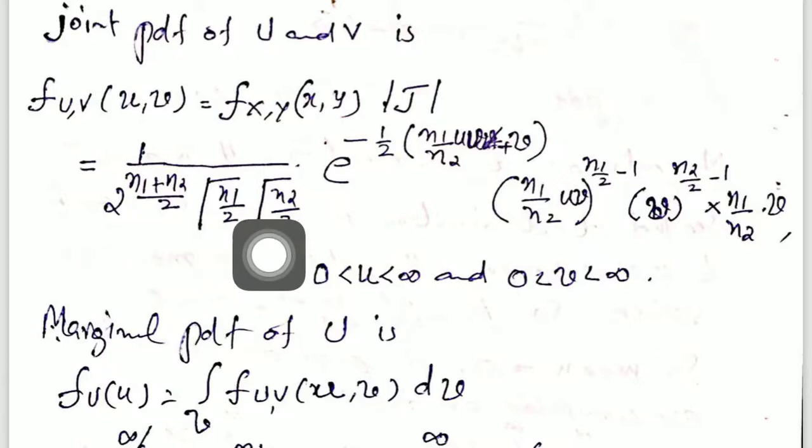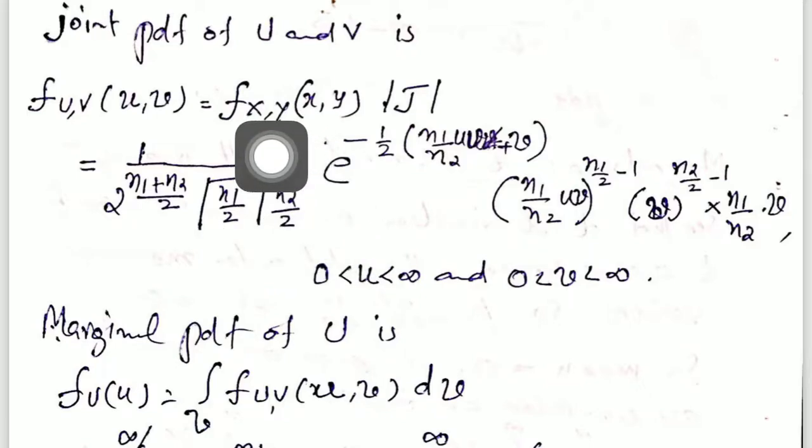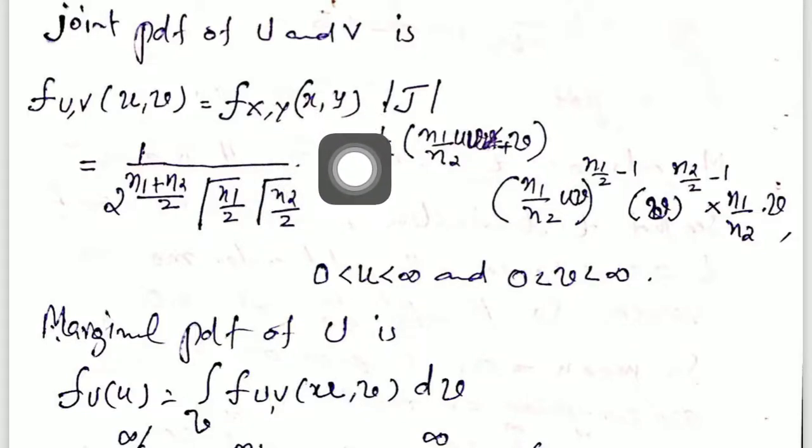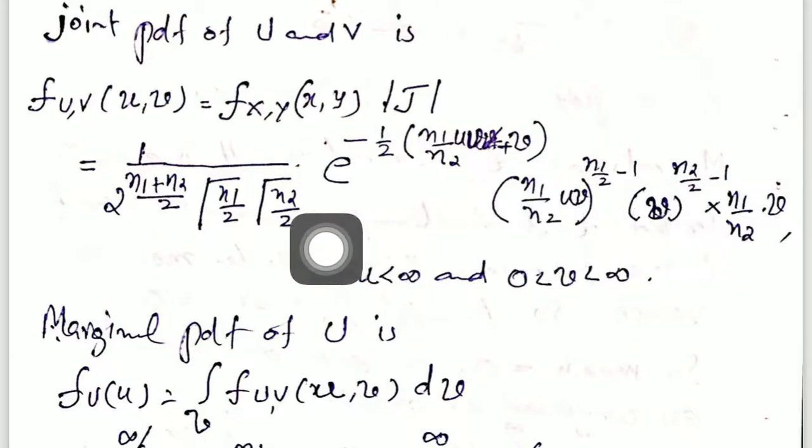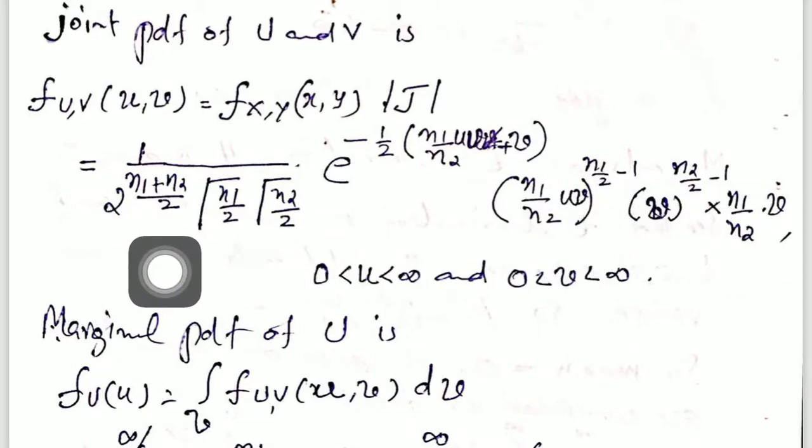And here you multiply the PDFs of x and y, and you put x and y in terms of u and v, and finally you will get this expression. You please verify whether this expression is correct. It will take a little effort.